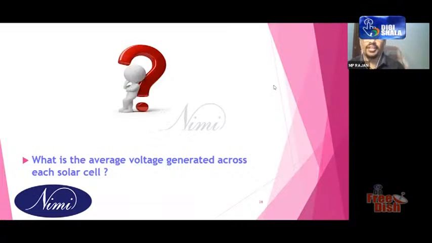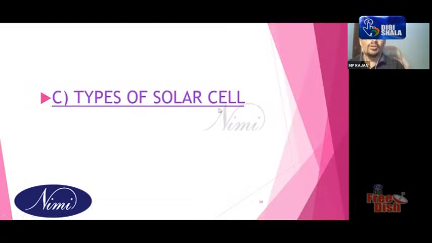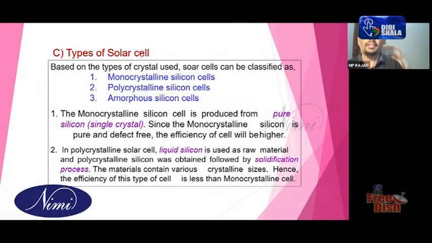So you are all attending. Let us see what the types of solar cell are and how we can make the solar cell. Mainly there are three types: monocrystalline silicon cell, polycrystalline silicon cell, and third, amorphous silicon cell. It just depends upon how you construct the silicon cell.